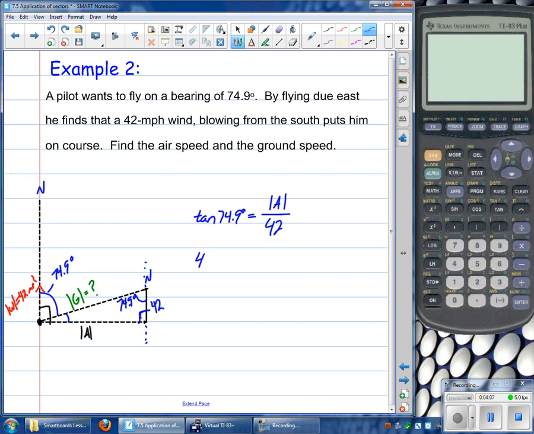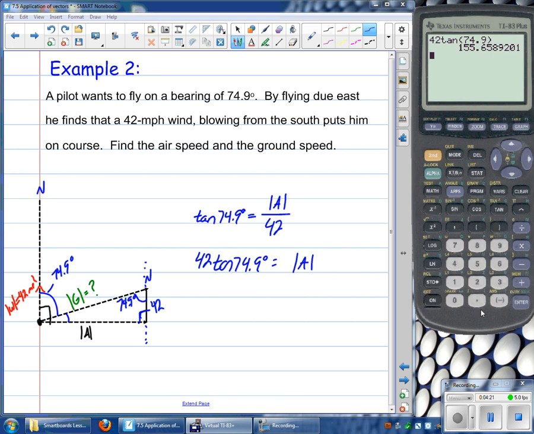Multiply both sides by 42, and that should give us our airspeed vector. So let's plug that in quick: 42 times the tangent of 74.9. Hit it. There we go. So our airspeed vector is going to have a magnitude of 155.67 miles per hour. Okay.